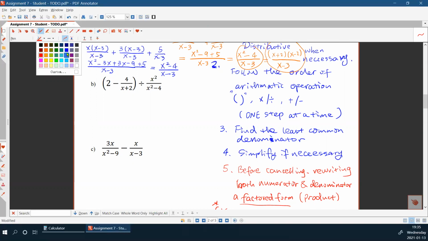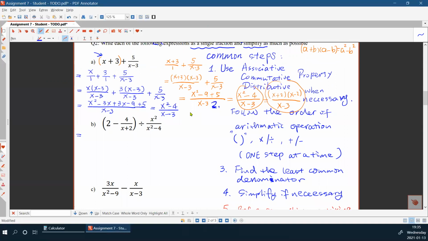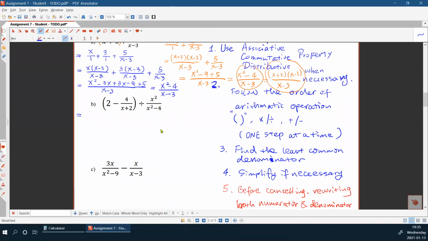Actually, the rules are the same, right? Okay. Okay, follow the order of arithmetic operation. Okay, you can see brackets here. So let's calculate this part first. Okay, in order to calculate this part, we need to write them in a common denominator, right? So the common denominator is x plus 2, right? Okay, I'll write one more step for you, okay?